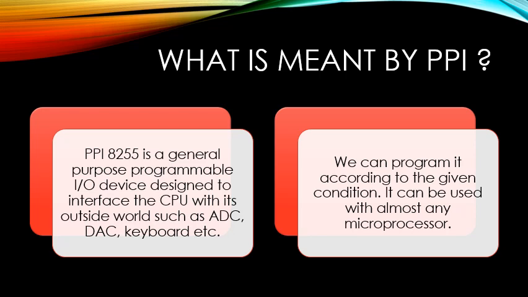We can program it according to the given condition. It can be used with almost any microprocessor. So what we have seen here is what is meant by programmable peripheral interface, that is 8255, simply called as PPI.